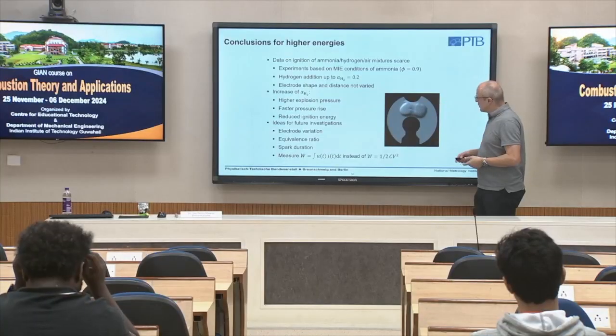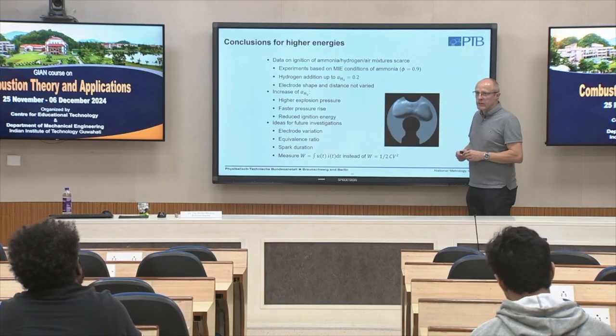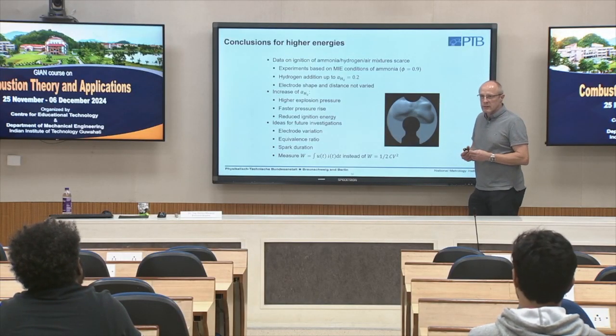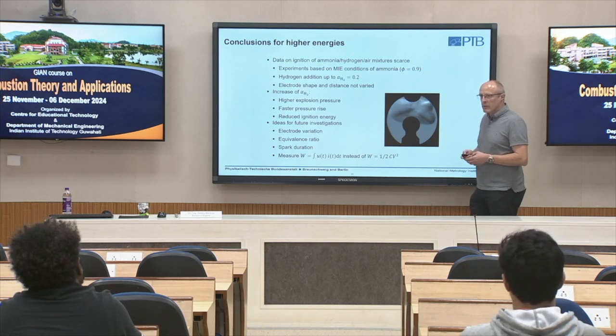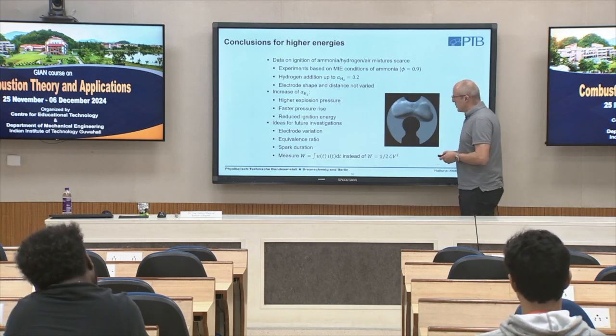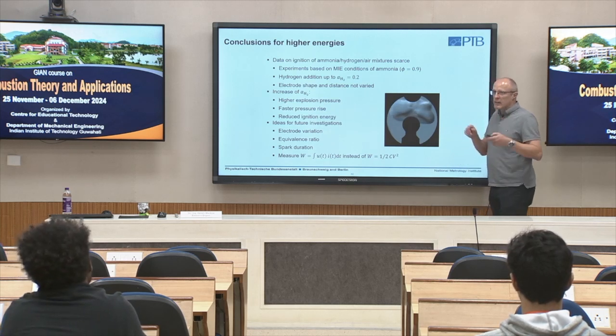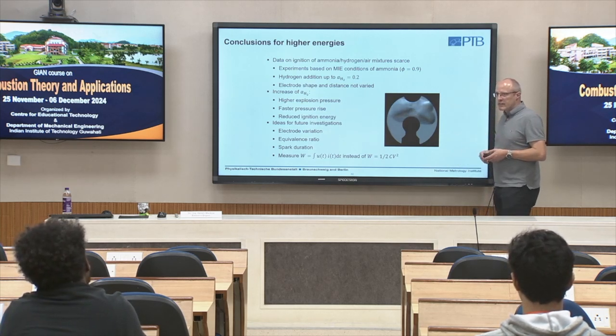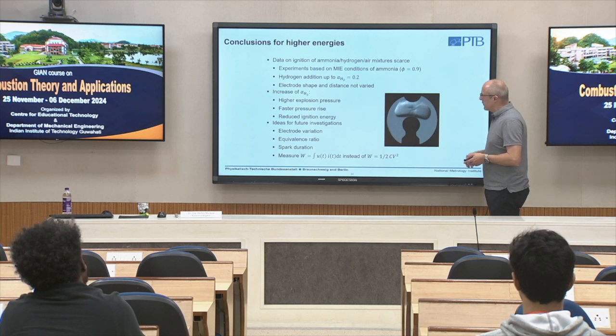But here you see the strong interaction with the flow field is a very dominant factor. And therefore, we can use our simple 1D calculations to get some information, but finally we have to make the step towards at least 2D or even 3D simulations.